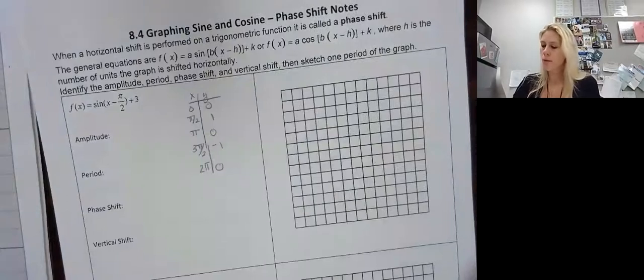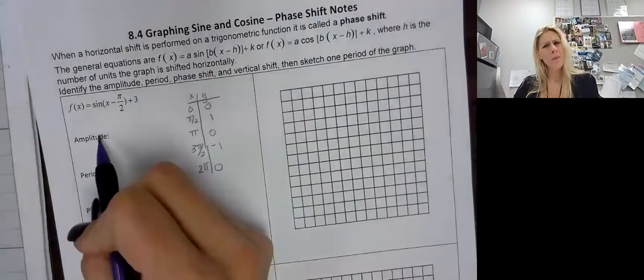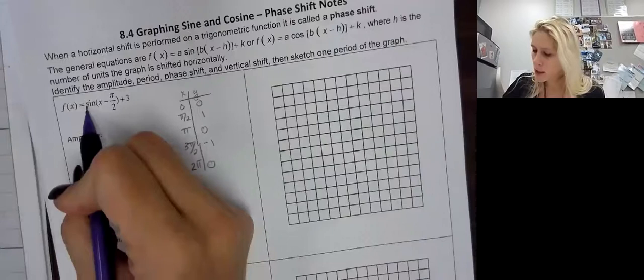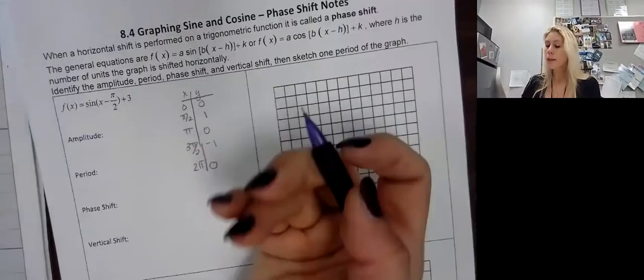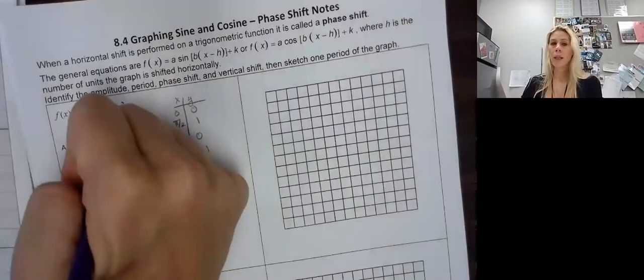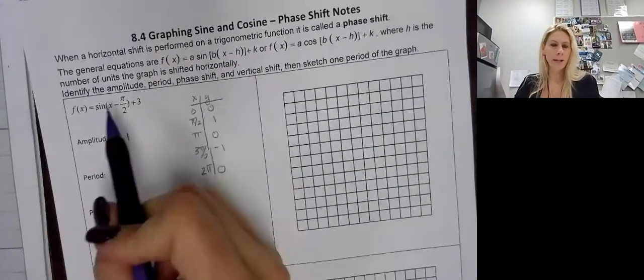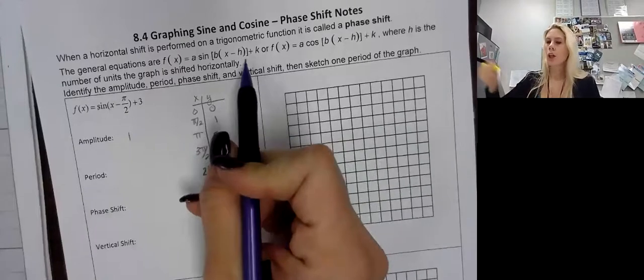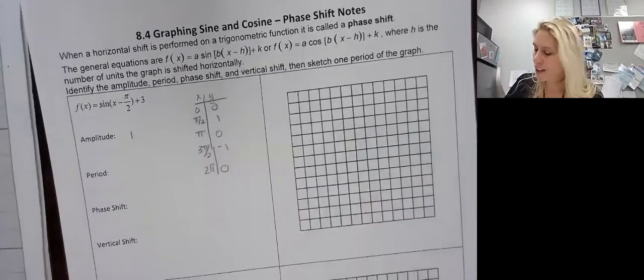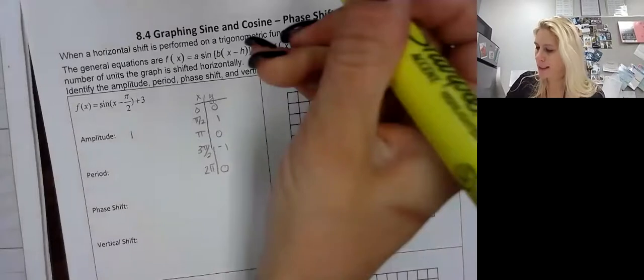The amplitude's what's in front, so there's no number there, but what is it? It's 1. The period comes from B. Well, B is what's in front of x. Now, I want you guys to take a look at this right up here. If you look, B is factored out of this x minus h.